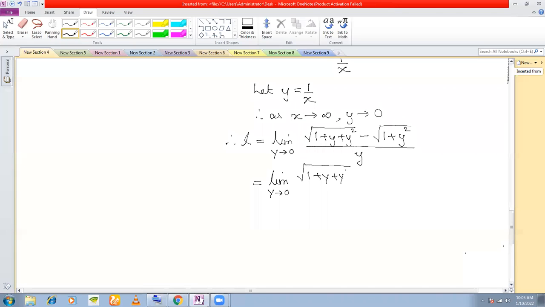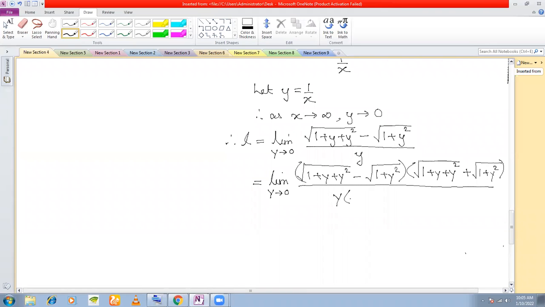Now what you are going to do here is, you are going to rationalize the numerator by multiplying by the rationalizing factor. What is the rationalizing factor here? In this case, root 1 plus y plus y square plus root 1 plus y square. This is the rationalizing factor. So you multiply the numerator and denominator by the rationalizing factor.